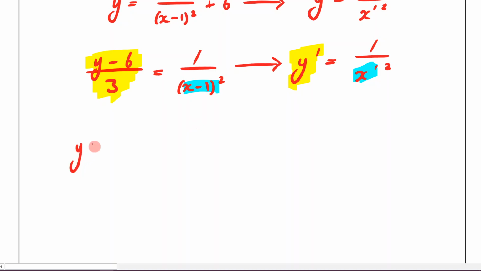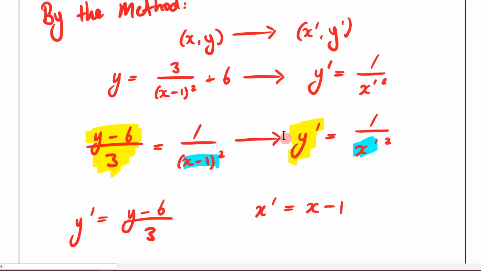I go y dash is equal to y minus 6 over 3, and x dash is equal to x minus 1. Okay, let's pause and reflect on something very important. When we're doing by the method, the whole point is to find out what x dash and y dash is. Well, as you can see here, I'm done. I figured out what x dash and y dash are.